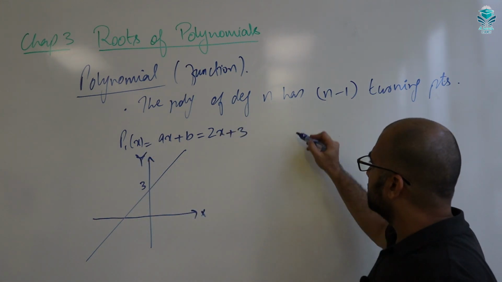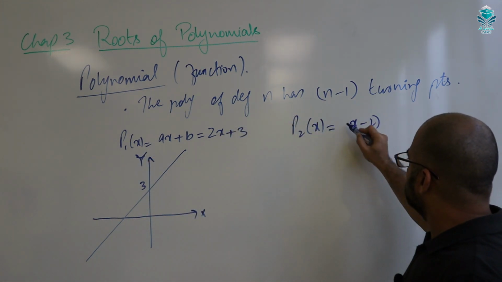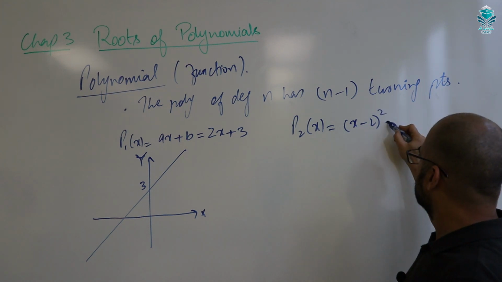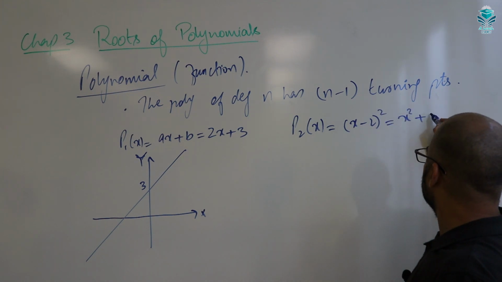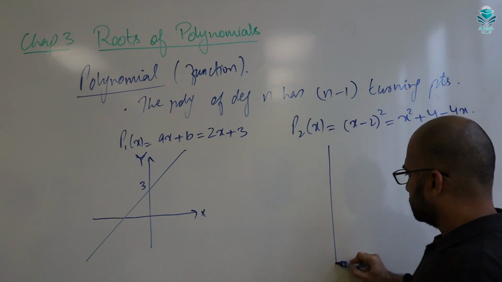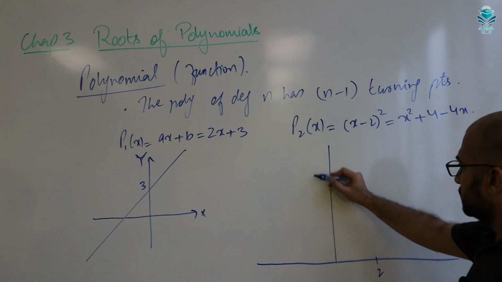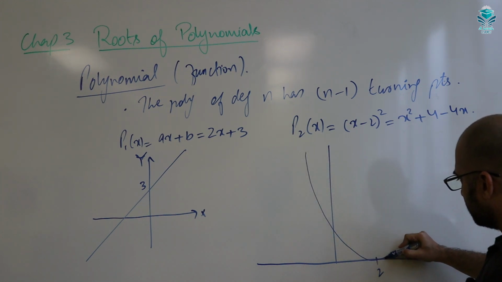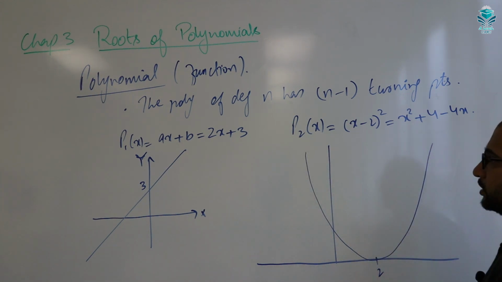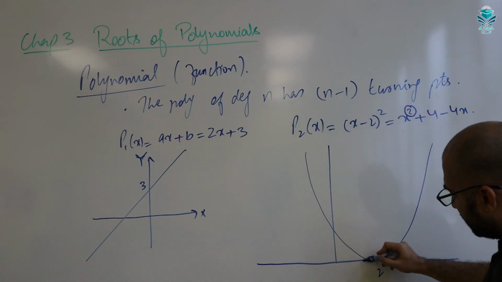So if we consider p2 of x be (x minus 2) square, or you can write it as x square plus 4 minus 4x, this is the polynomial of this form. You can see this is a polynomial of degree 2, it has 1 turning point.